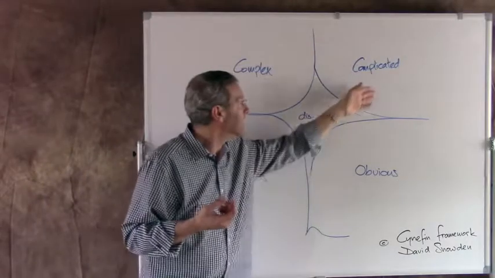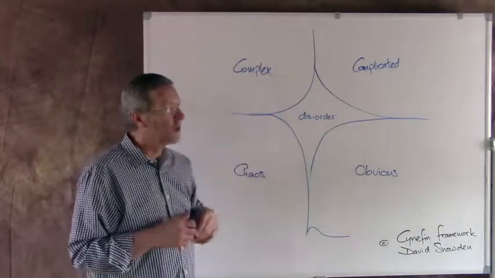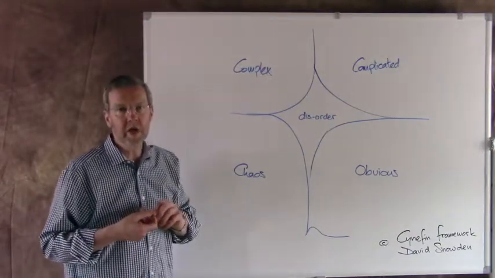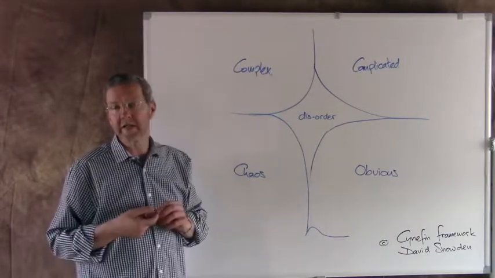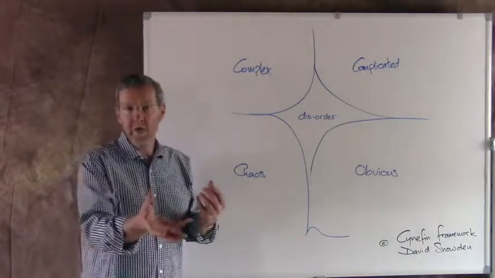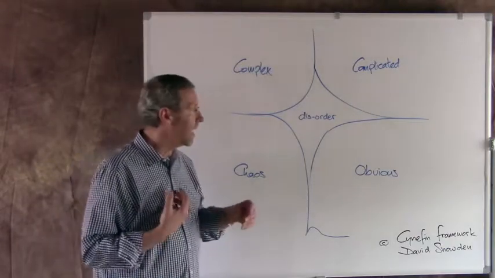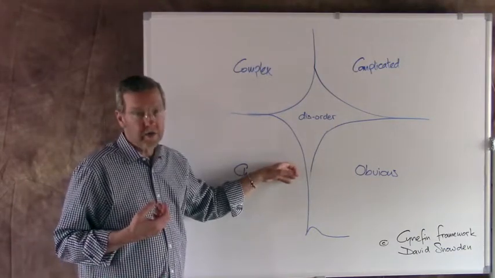So the four states. In the next video, I'll talk about that disorder state in the center and where it's used. We'll also explore where you want to be as a leader, as a manager, or as a participating individual. We talk about how to cross the borders, because you will.